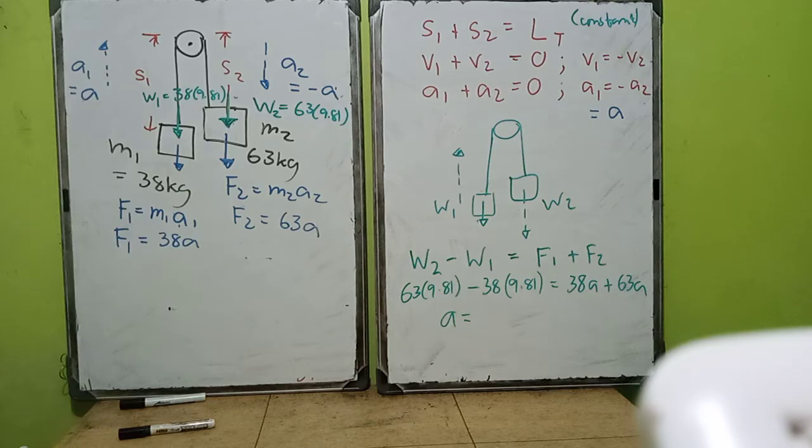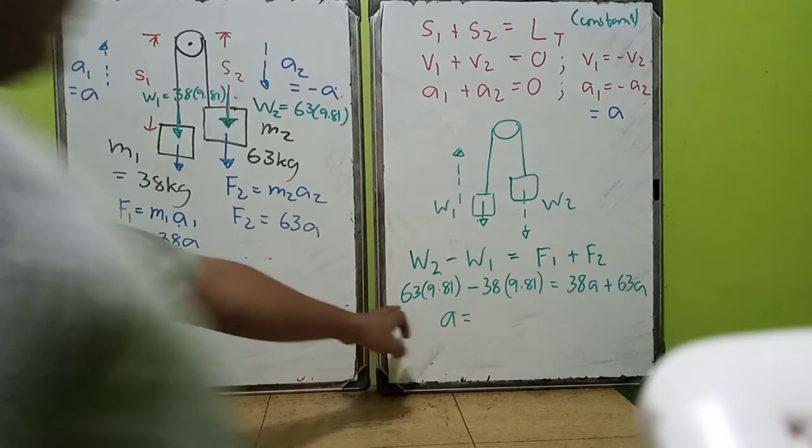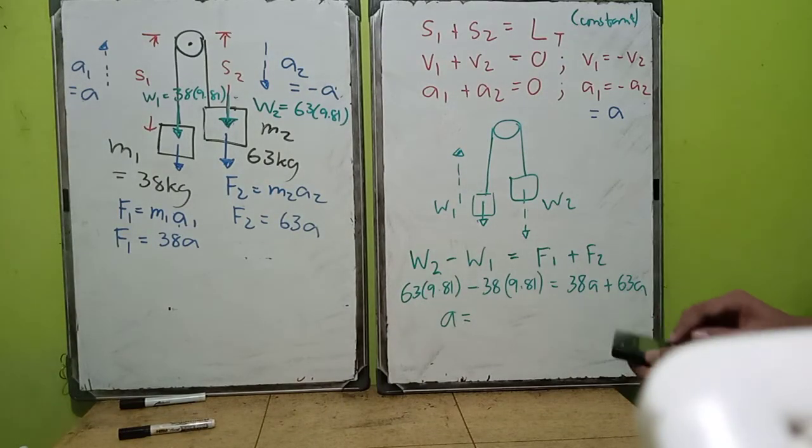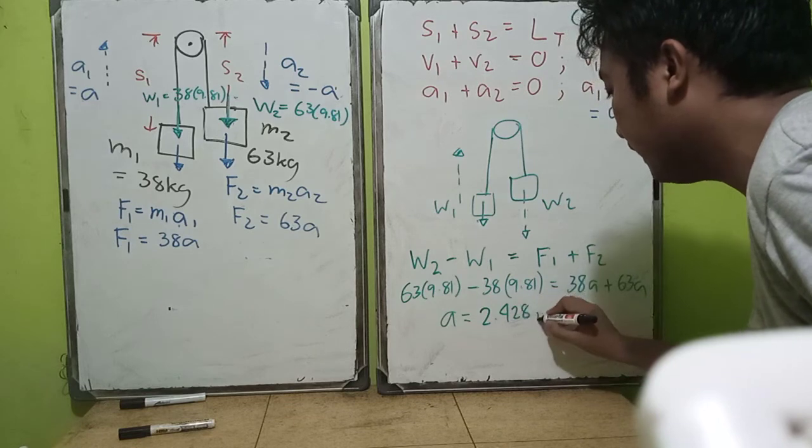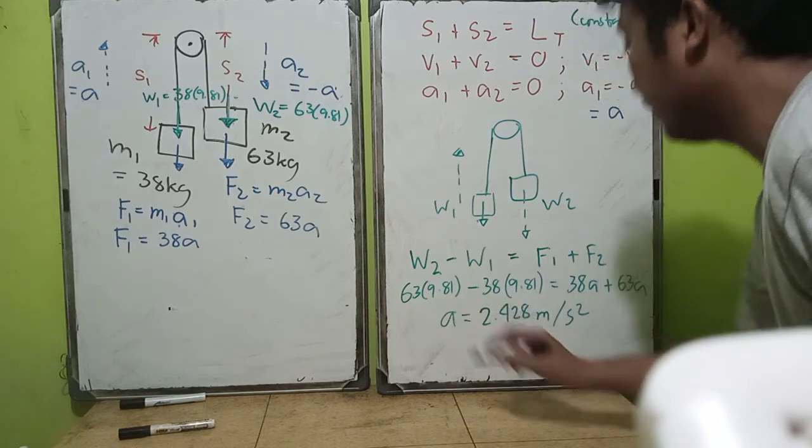So from that problem, we can actually solve the acceleration. So 63 minus 38 times 9.81 divided by 38 plus 63, which is 101. So we got 2.428 meters per second squared.